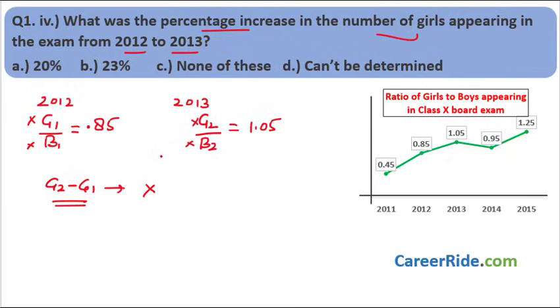So now look at the options. Can option A be the right answer? I am not able to determine it. This is a dead end for me for the question, right? So my option cannot be A, cannot be B, none of these, because I'm not able to find the answer at all. So my right option would be option D, can't be determined, right?